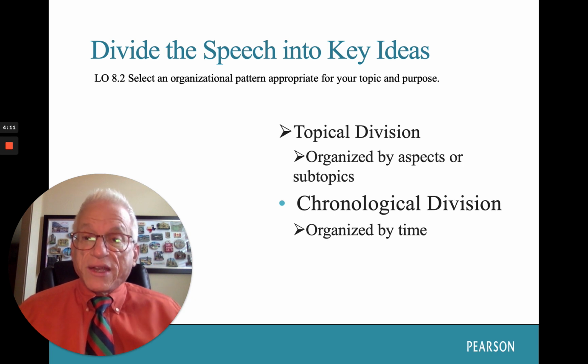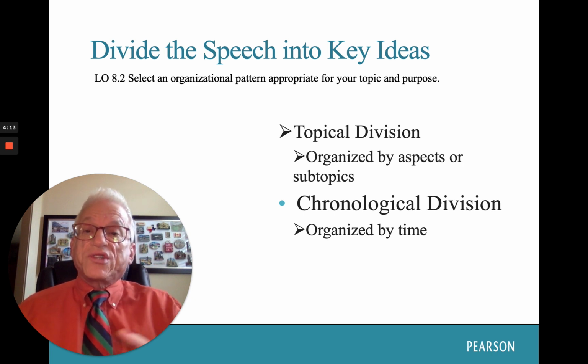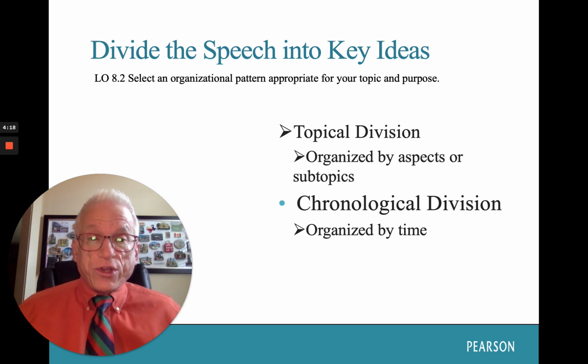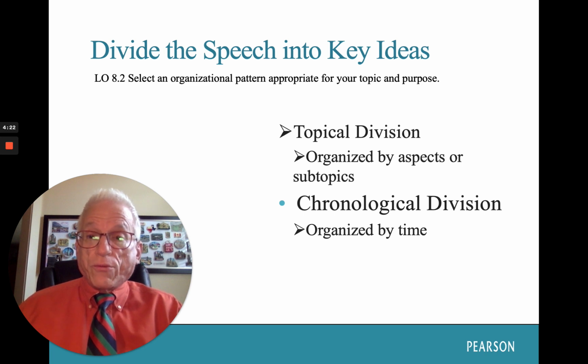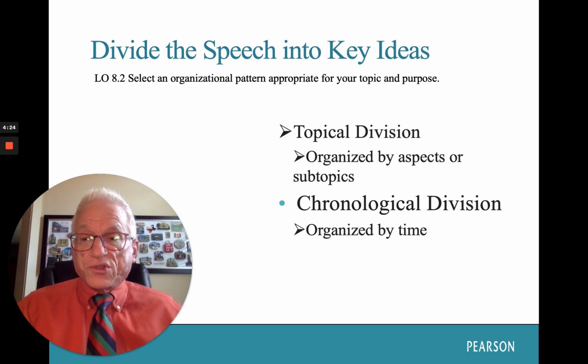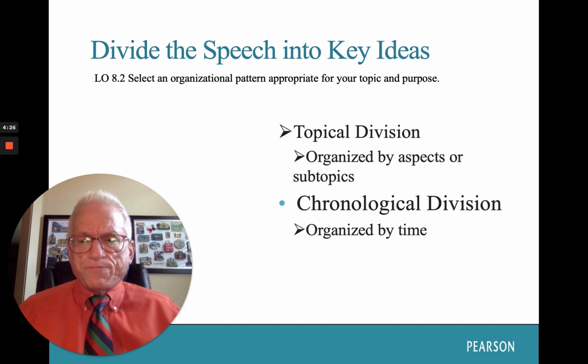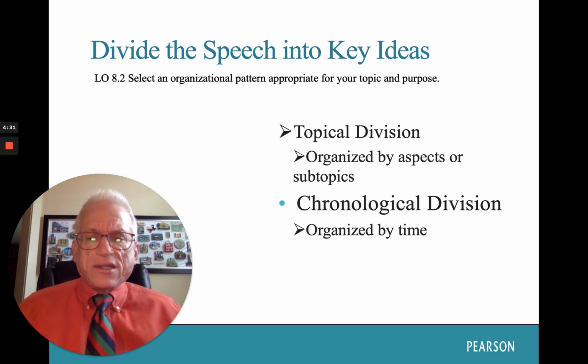Chronological is organized by time. So this is going to be a step-by-step process. If I were talking about how paper is made, I would use a chronological division. I would say first, we collect the pulp from the wood. Second, that pulp is processed. Third, and so on. If I were going to talk about an event, let's say the eruption of Mount St. Helens in 1980, I might use a chronological division. What were the earliest indicators that Mount St. Helens was going to erupt?